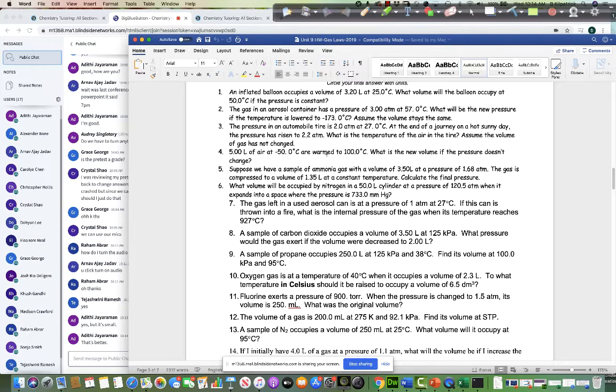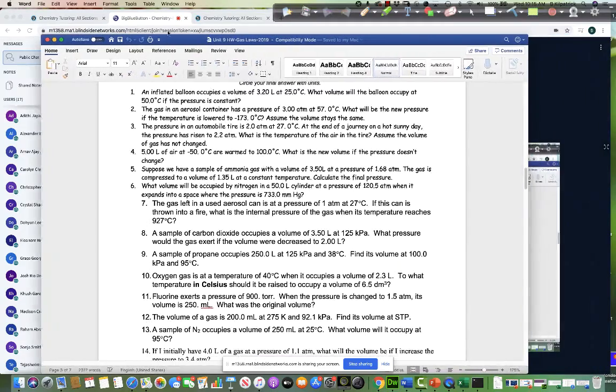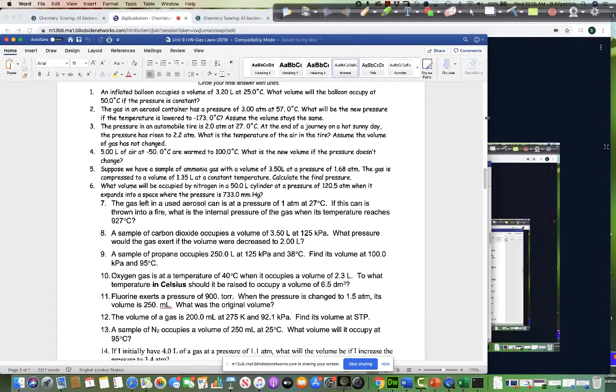Number 3 says the pressure in an automobile tire is 2 atmospheres at 27 degrees Celsius. At the end of a journey on a hot sunny day, the pressure has risen to 2.2 atmospheres. What is the temperature of the air in the tire? Assume that the volume of the gas has not changed.